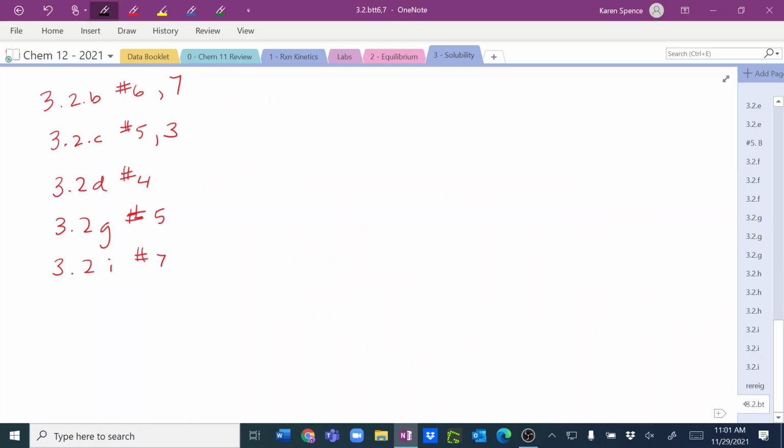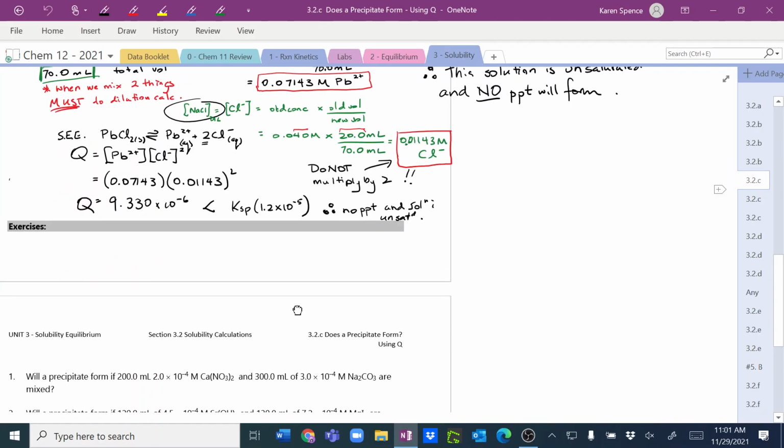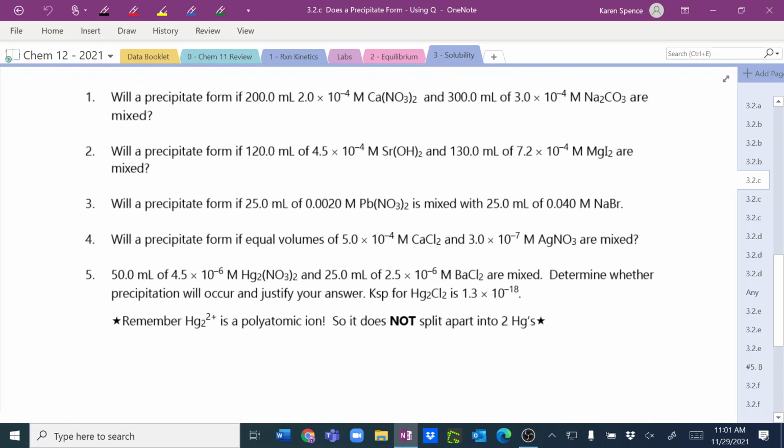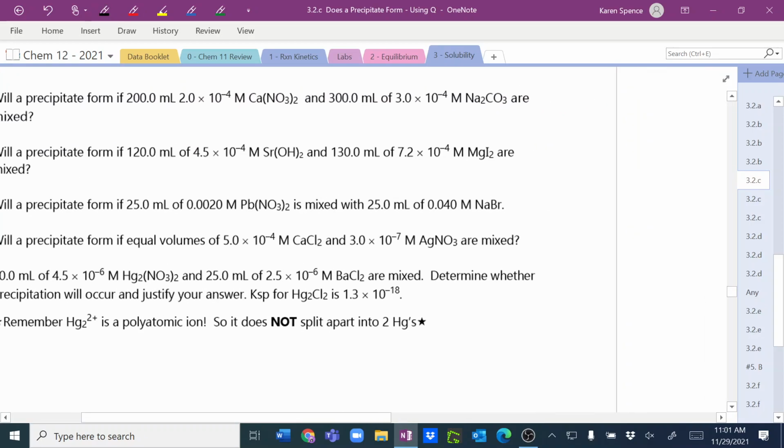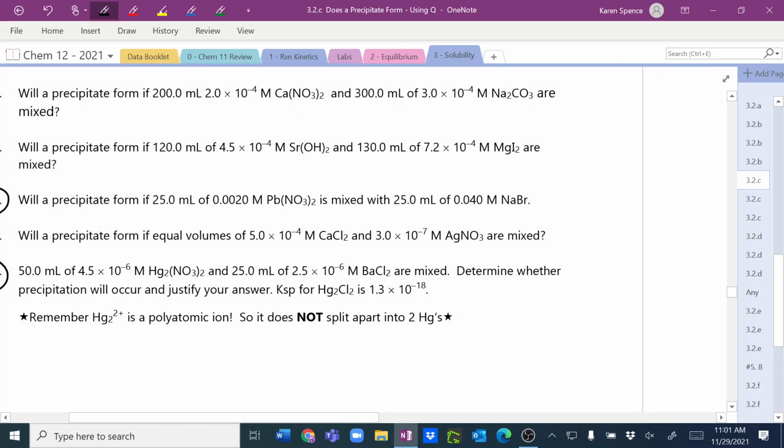3.2C, number 3 and 5. We want to know if a precipitate will form.